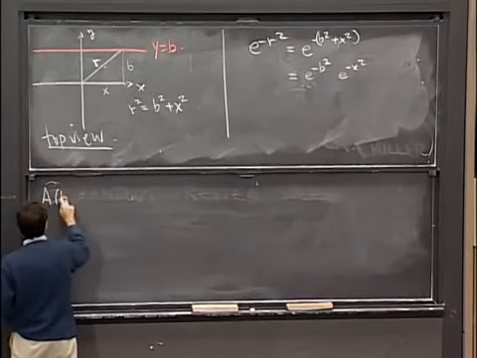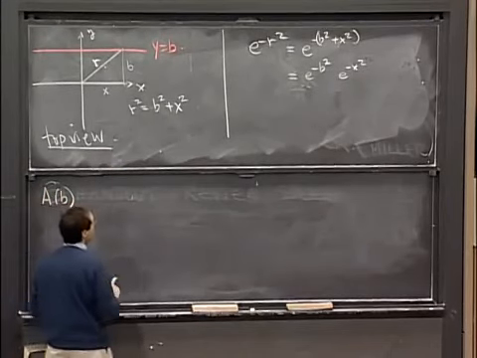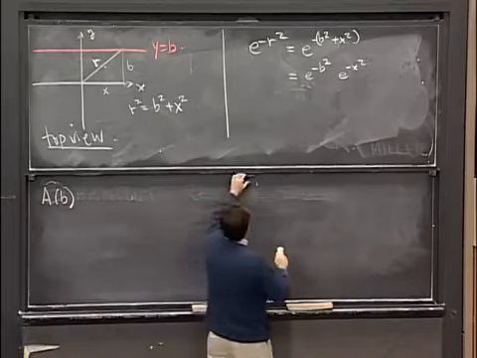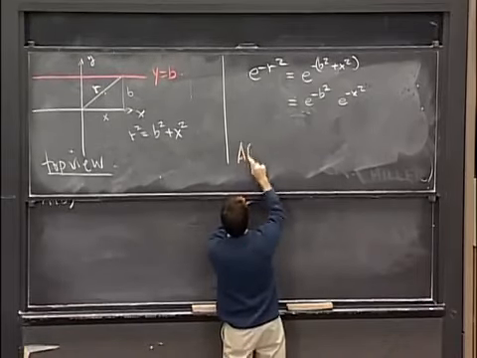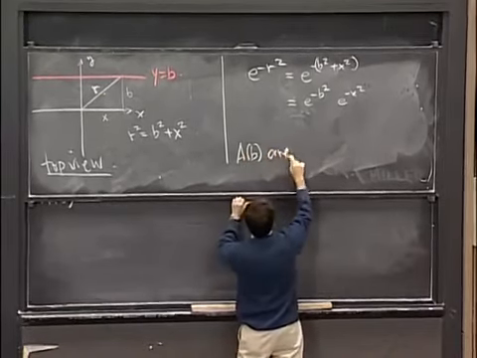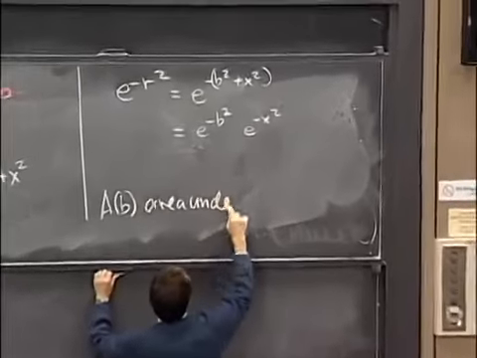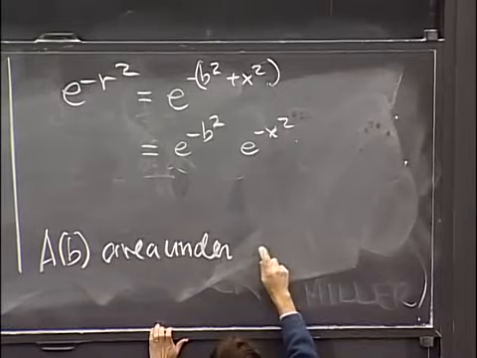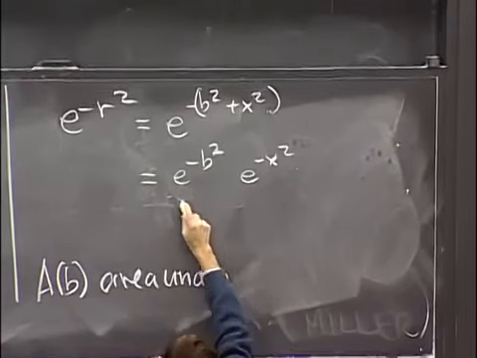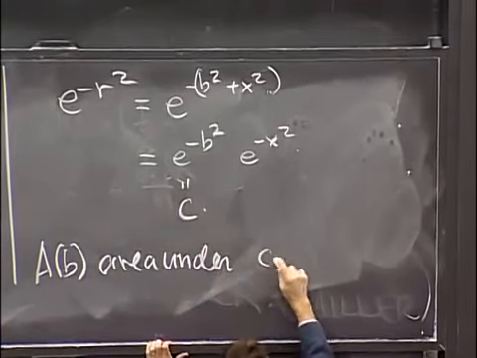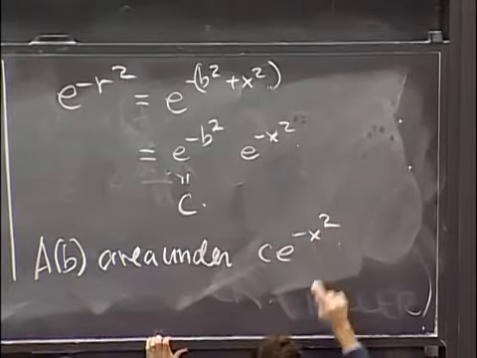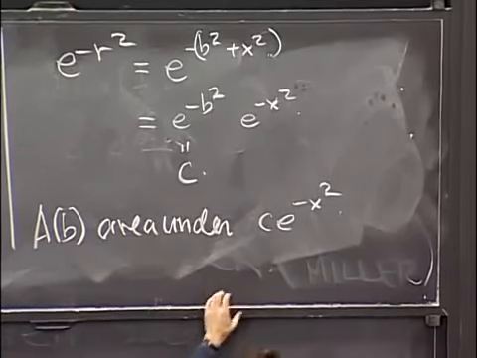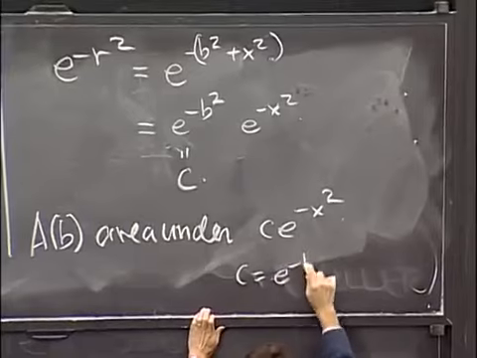A of b is the area under a curve. So, let me write it over here, A of b is the area under this curve here, which is some constant times, so if you imagine, call this thing the name c, under some curve c times e to the minus x squared, where c is equal to e to the minus b squared.